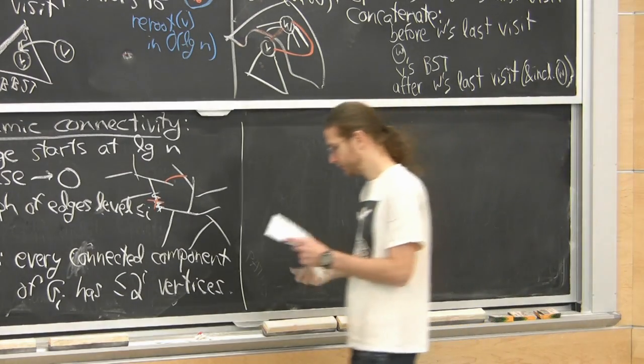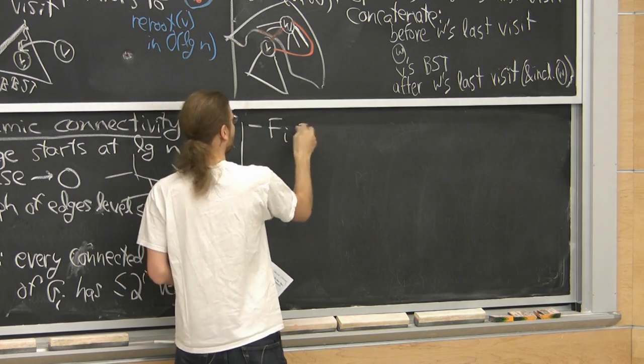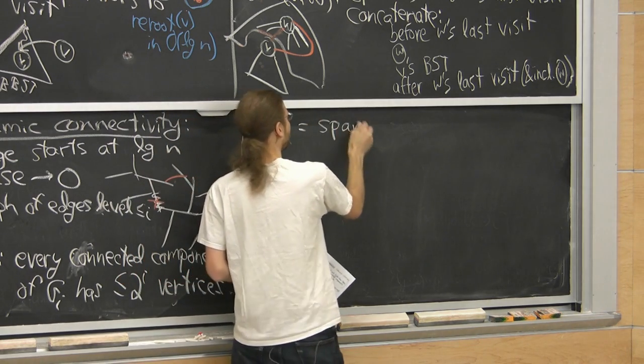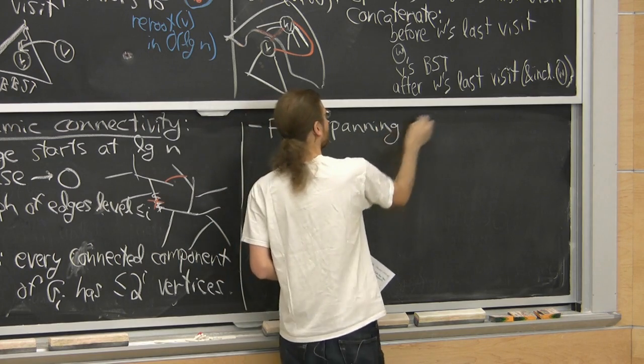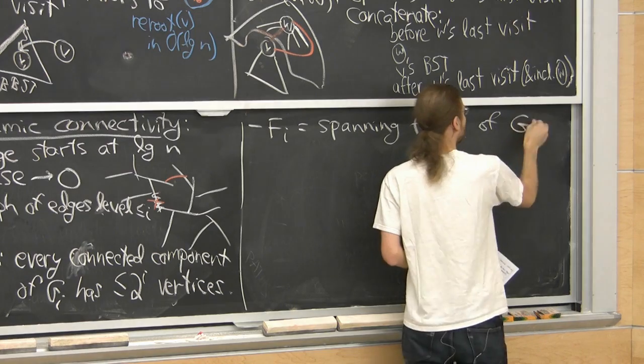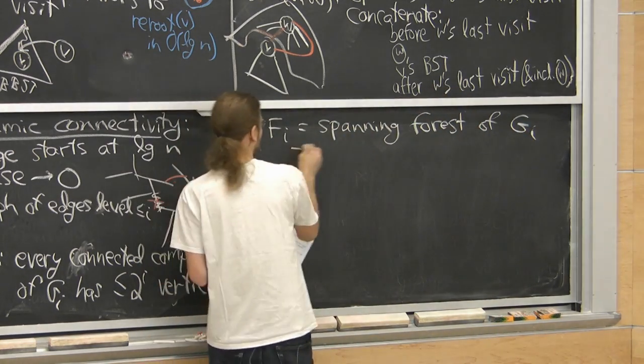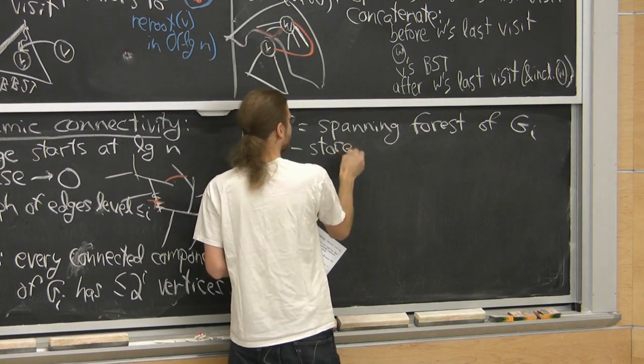Okay, so next thing we need is a spanning forest for each G_i. F_i is going to be a spanning forest of G_i. So it's going to maintain the connected components of G_i. And we're going to store that using an Euler-tour tree.